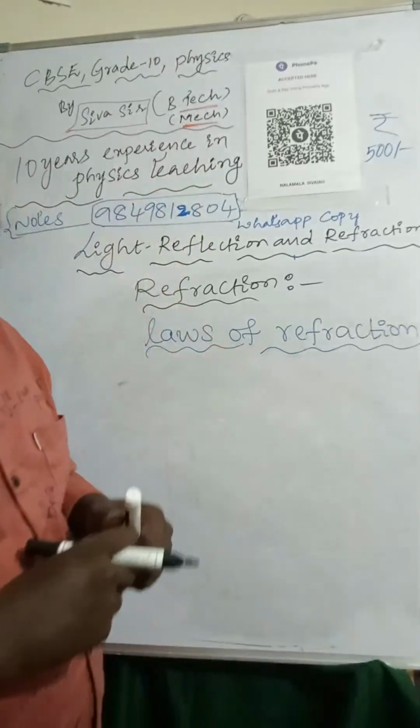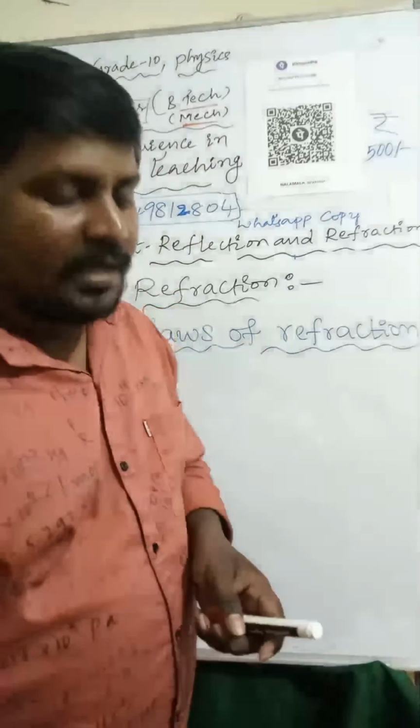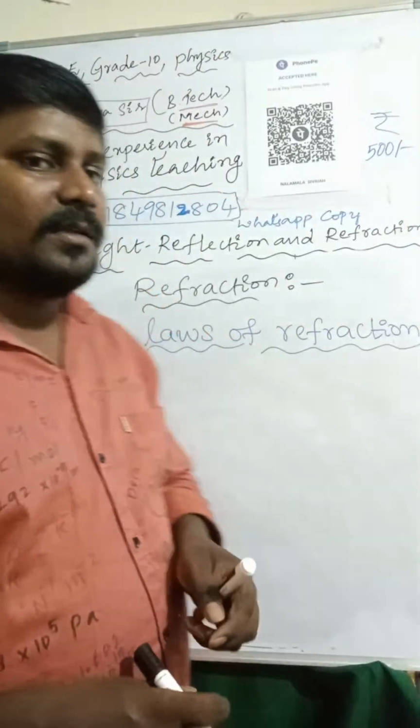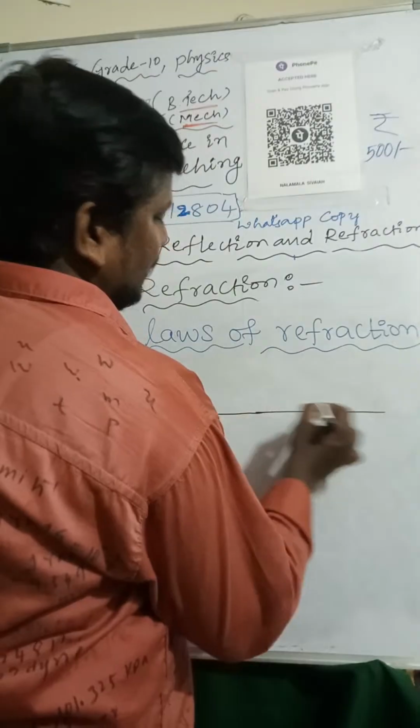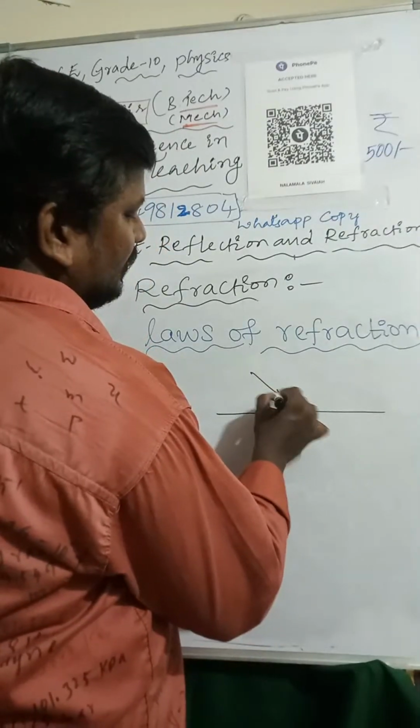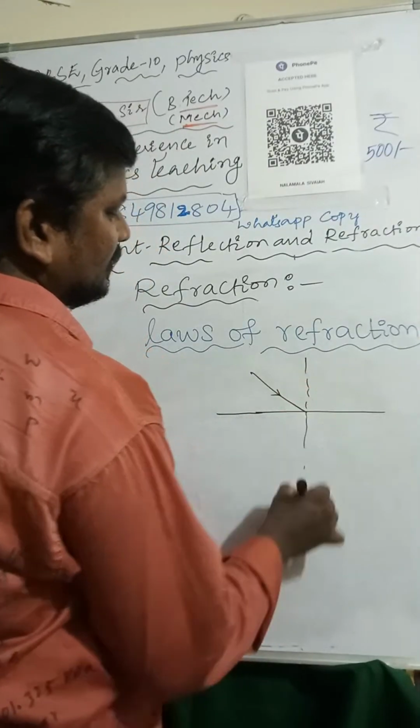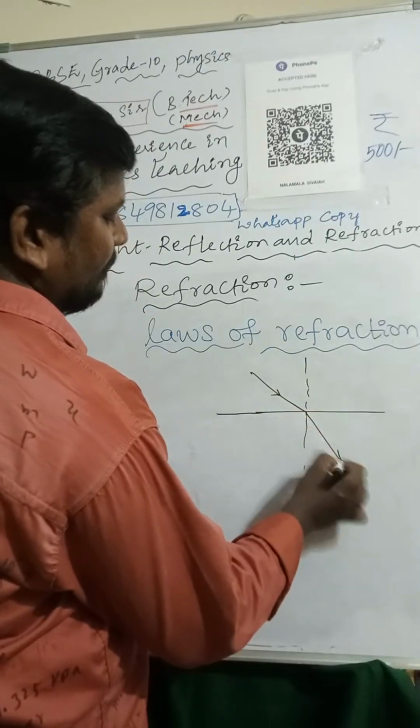What are the laws? So first point, as I said, you can see the diagram. This is the incident ray, and I'm considering it like this. This is the refracted ray.